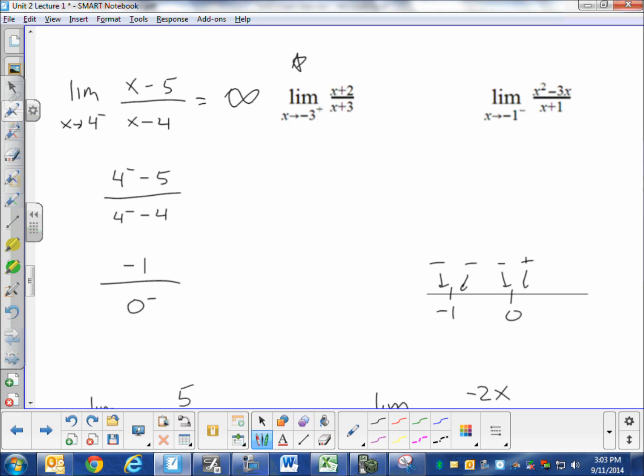Check with a neighbor. That's from the right. That's a plus. -3 from the right.